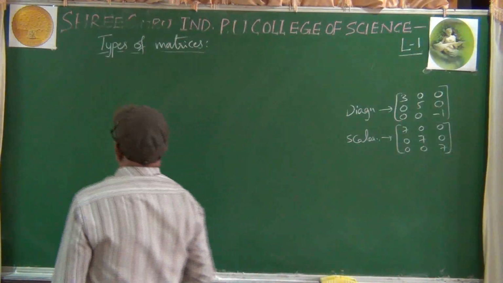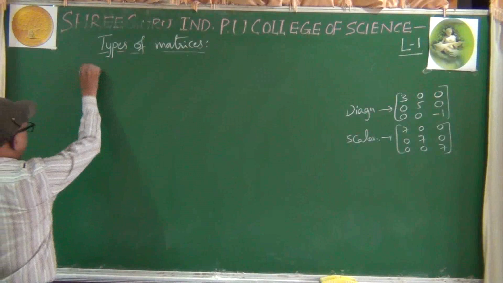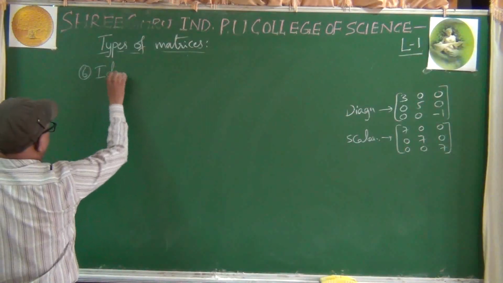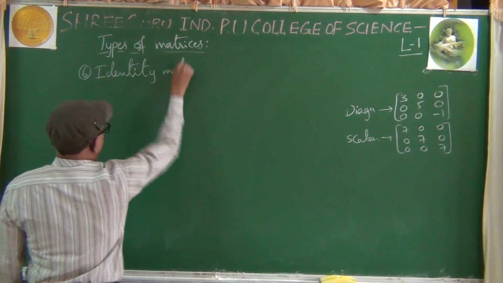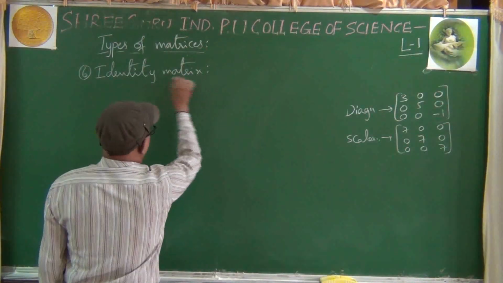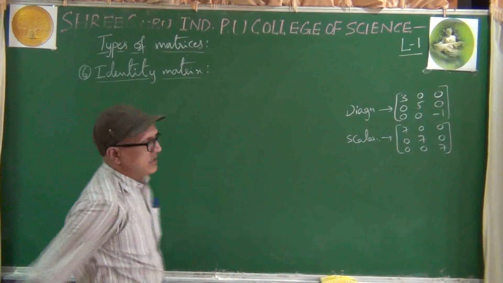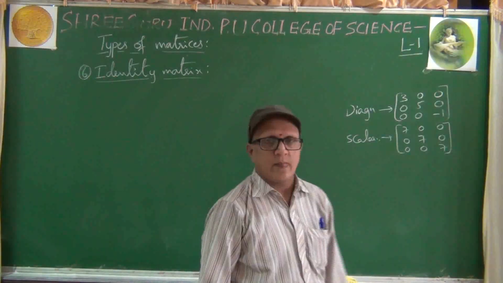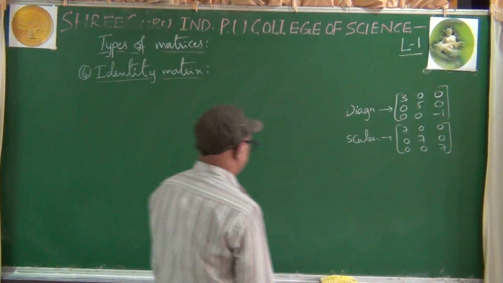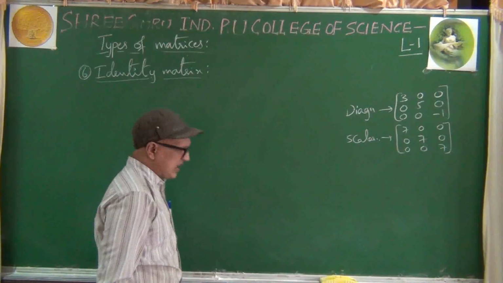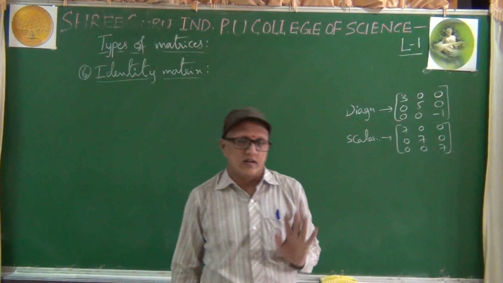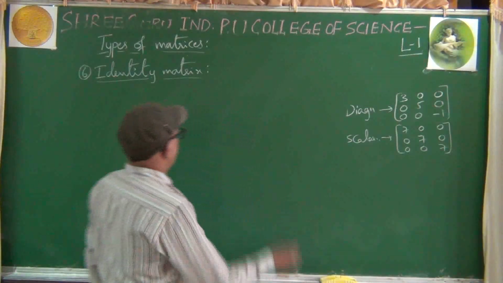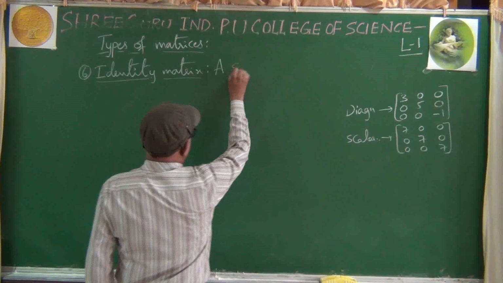Now let us see the identity matrix. Same like this. Again I am going to start this definition also with the words a square matrix is. Easy to learn.